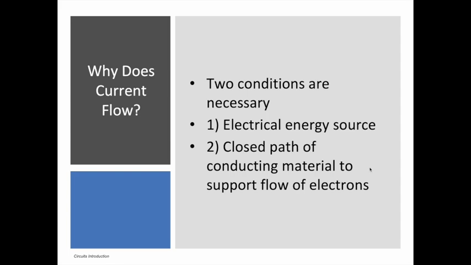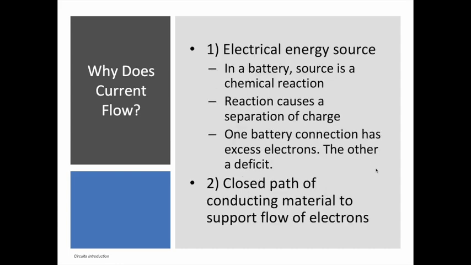Now, two conditions are necessary for current to flow. One, we need an electrical energy source, and two, a closed path of conducting material to support the flow of electrons. In a battery, the energy source is a chemical reaction.